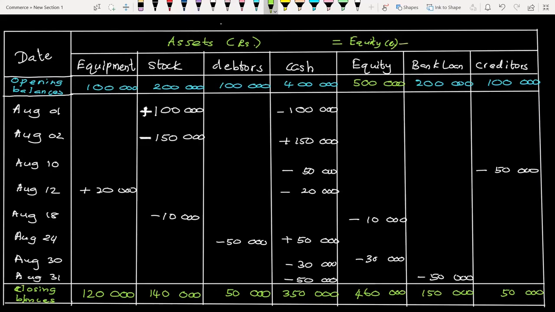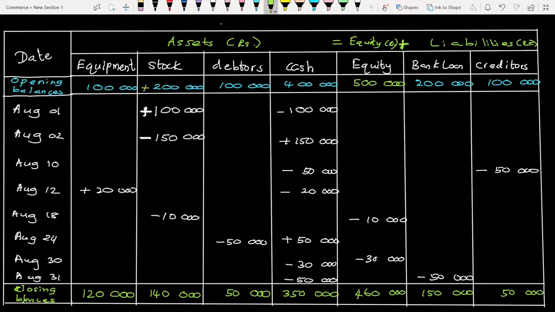So I'm going to place the plus mark here. Then for these two columns, I'm going to name liabilities in rupees. And also I'm going to put pluses to show that these equipment, debtors, cash, all these asset items we are going to add together to find the total assets. So let's place plus signs here.